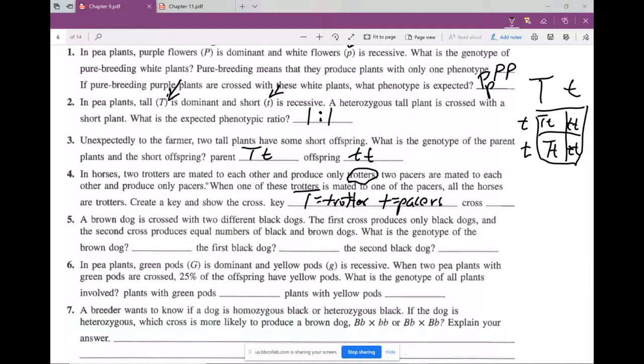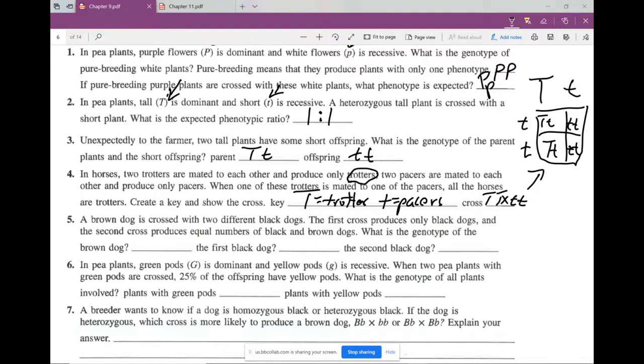So the cross will be, we know that they're definitely homozygous dominant because they all produce trotters even when they were mated to pacers, right? And pacers would be little t. So it's the same as this, except that the t's mean different things.